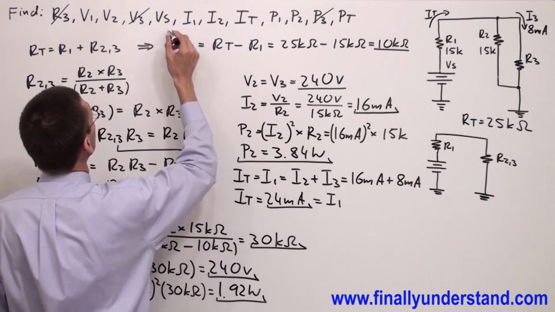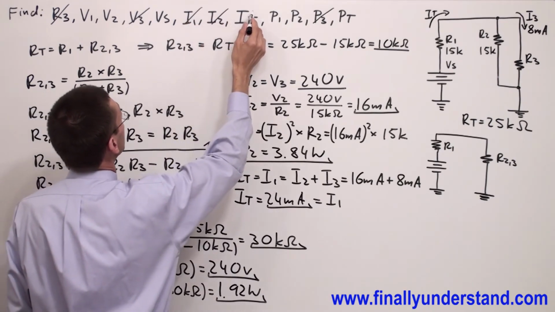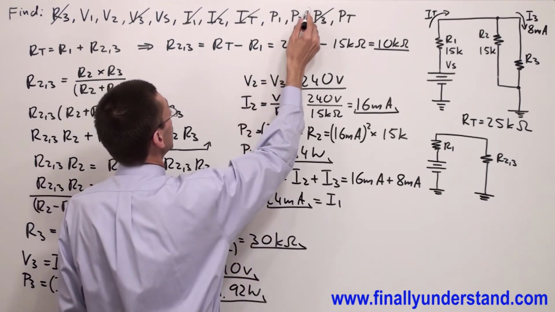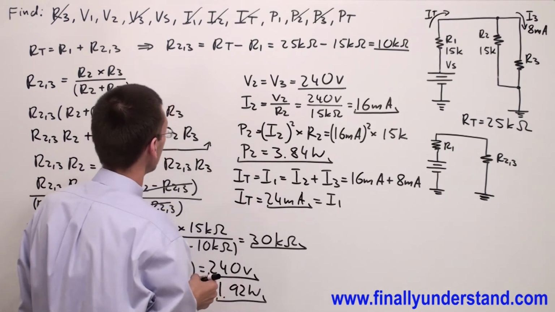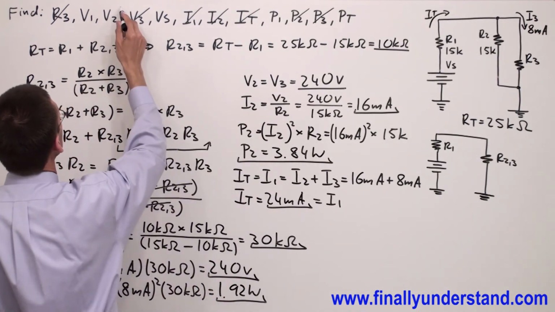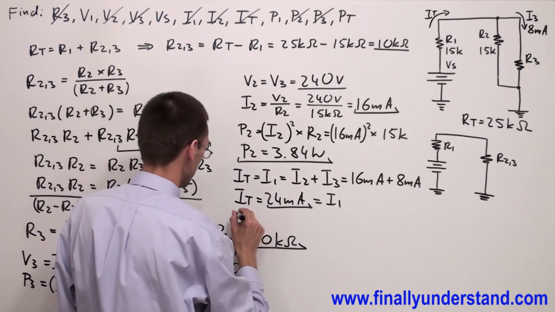So we found I1, we found I2, we found I total. Okay, we found also P2. So we found also V2. Now we can find V1.